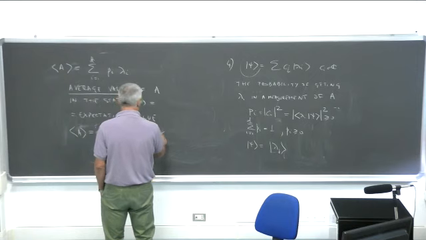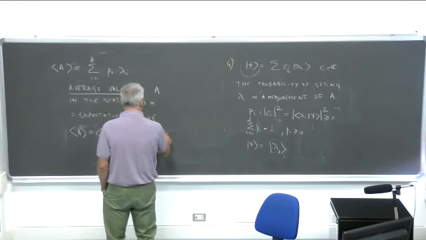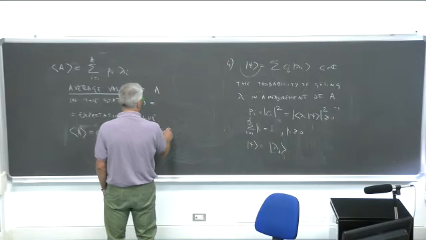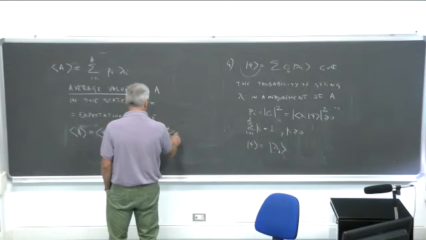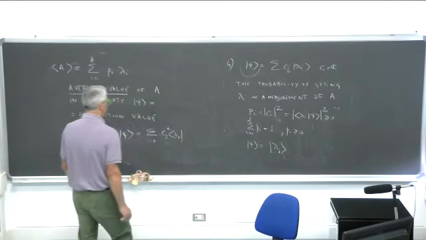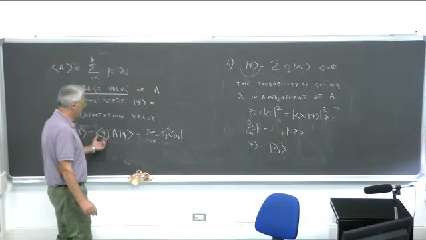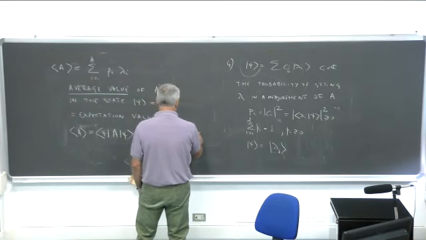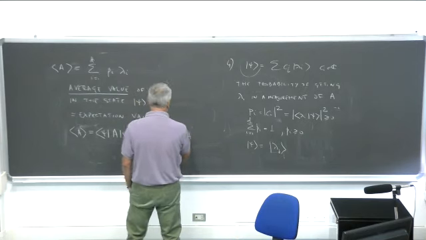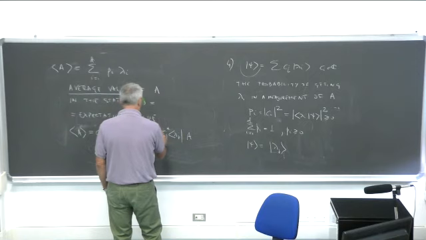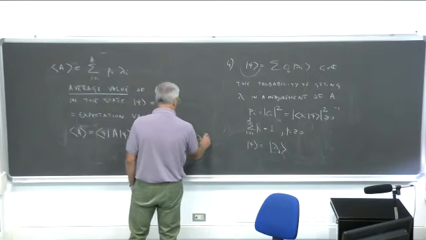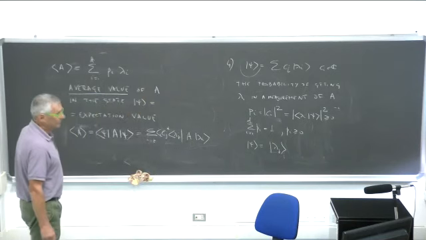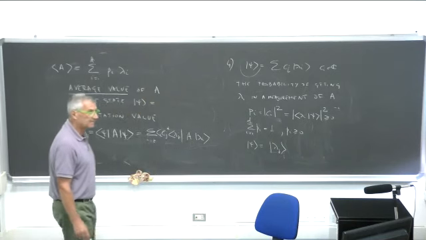The bra is Cj star, then lambda j, this is A, and this is Ci, the ket, lambda i. This is what it is in general, right?